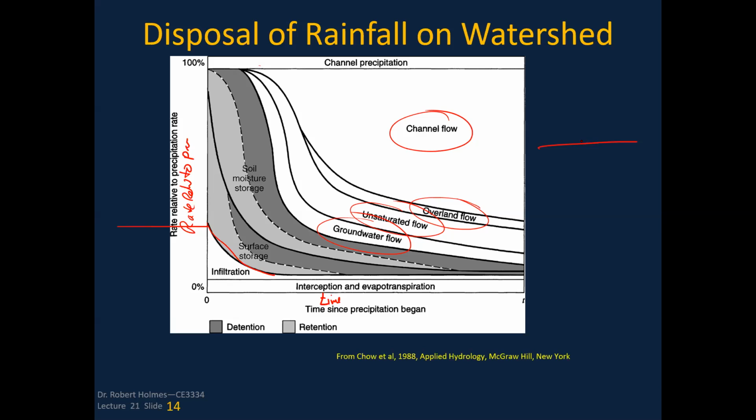So if this is the ground right here, and rain is falling on this ground, at some point way down here, I've got some groundwater table that's saturated. And then up here is my unsaturated zone. You'll hear it called the UZ, and that's easy for me to say.